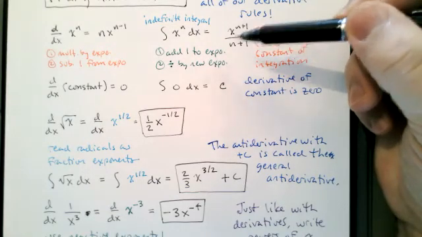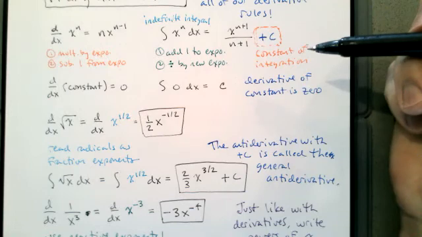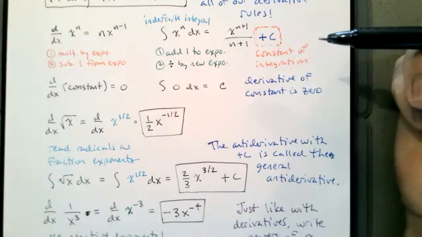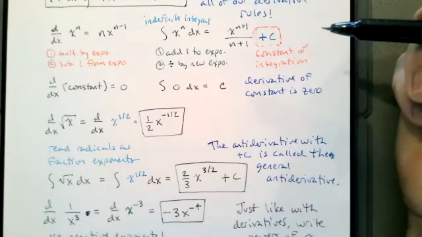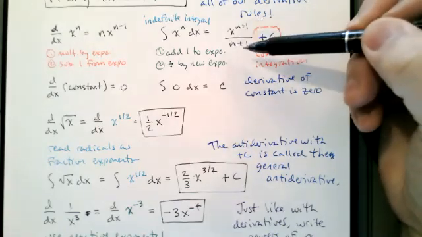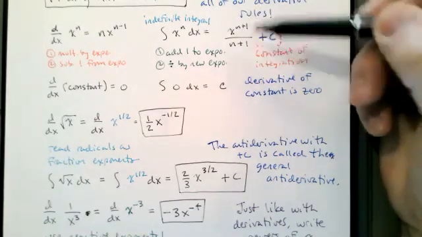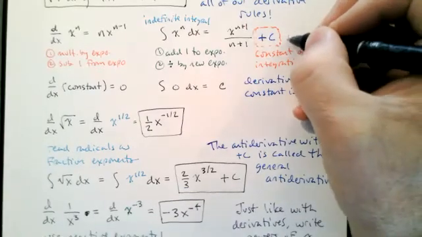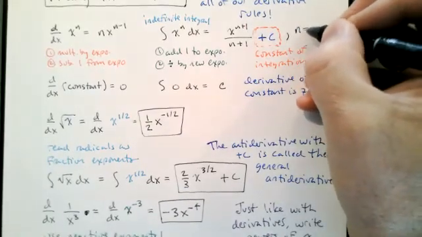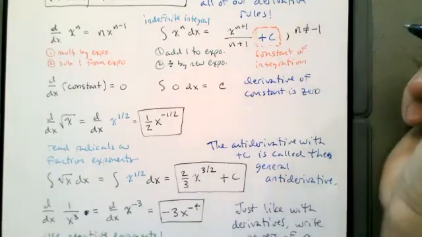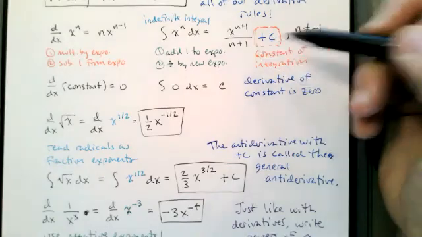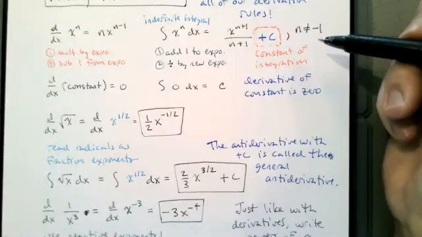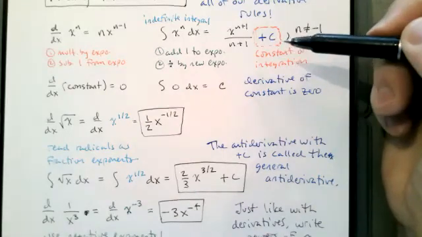Can I add 1 to the exponent and then divide by the new exponent for any value of n that we want? We can't divide by 0. So if this n plus 1 ends up being 0, then this is no good. So I can't use this formula when n is equal to -1. I add 1 to the exponent and divide by the new exponent, so long as n is not -1. I don't get to use this if n is -1, because then I divide by 0.